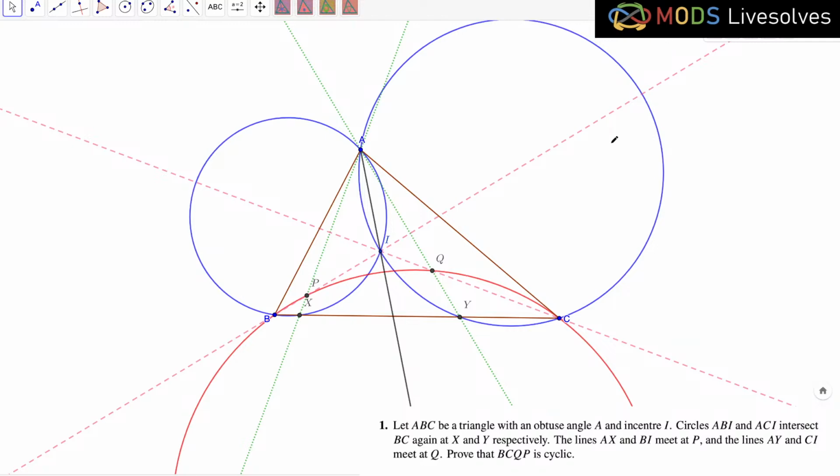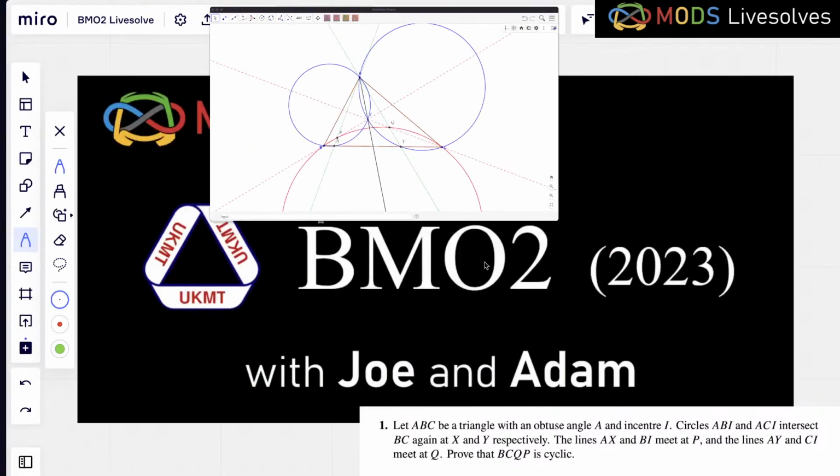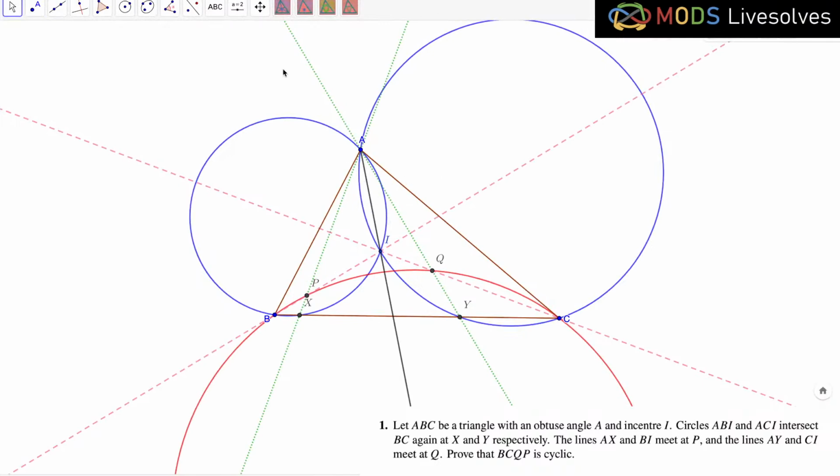Okay, so I have a diagram now, so that's good. Okay, so just right angles. So, okay, what's P and Q? This is useless.